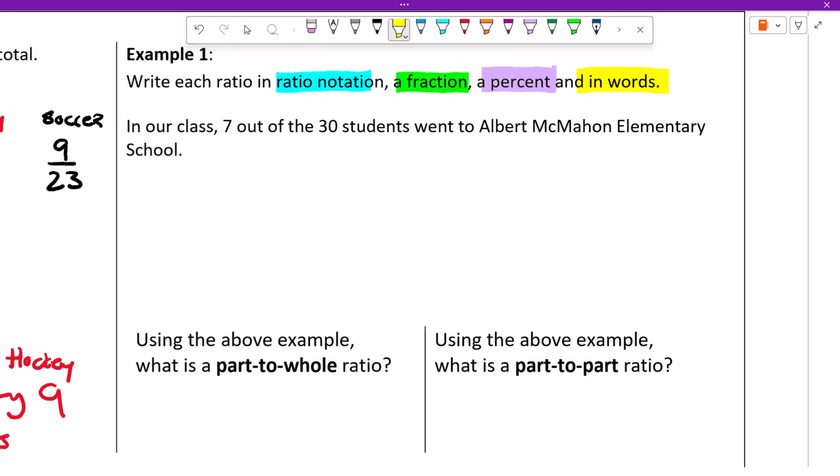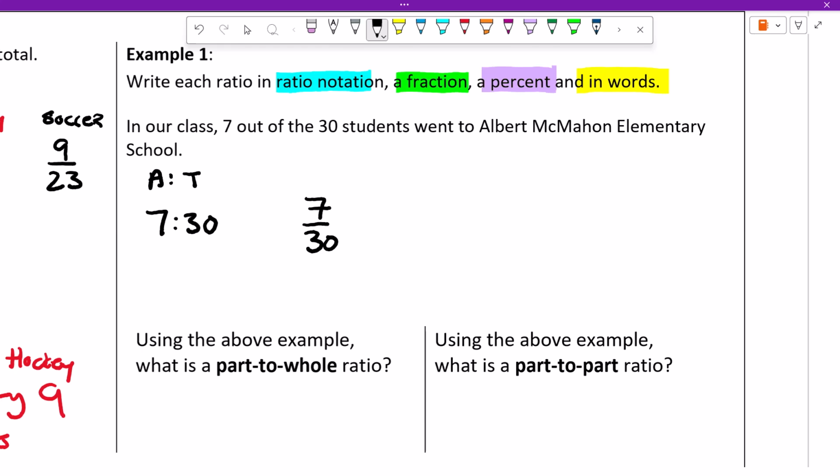So what does our ratio notation look like? Nash? So, like 7 out of 30, 7 dots 30. So we have Albert McMahon versus total. All right. What does our fraction look like? Logan? 7 over 30 like this.